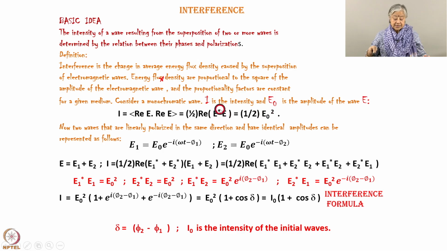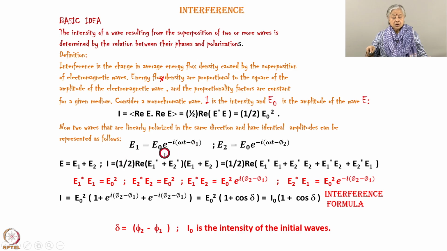Now, two waves that are linearly polarized, I will consider that, in the same direction and have identical amplitude, can be represented as follows. You are familiar with this. This is a travelling wave going in, say, the x direction. It can be written in terms of either sine or cos, or in short in terms of this exponential factor, e to the power minus i (omega t minus phi 1).